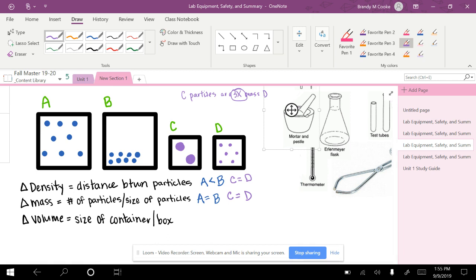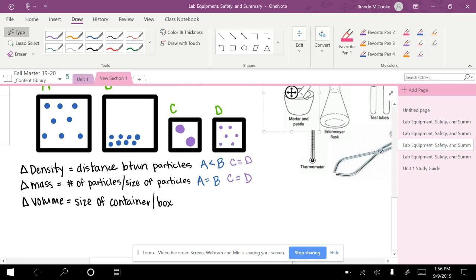All right, and then the volume. A lot of people confuse mass with volume, especially when we're talking about the substance versus the container. And so we want to make sure that we have this common language that anytime we have a change in volume, it means that we're changing the size of the box or the container.